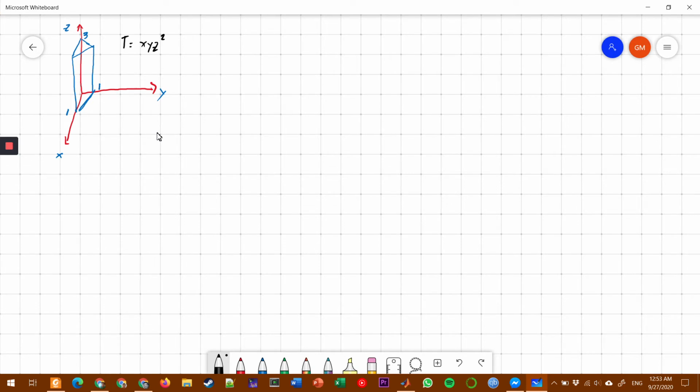Okay, so this is the problem. We are asked to evaluate the volume integral of this function over a prism. Okay, so this prism has these dimensions: x from 0 to 1, y from 0 to 1, and z is from 0 to 3.